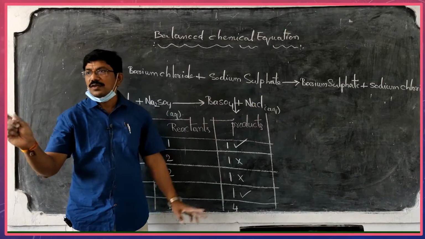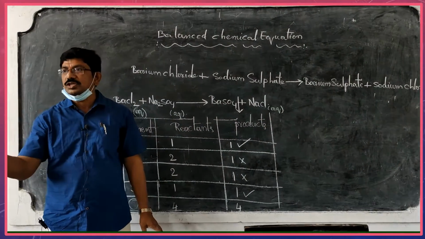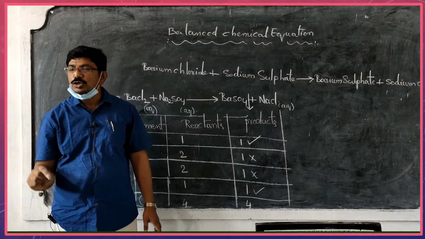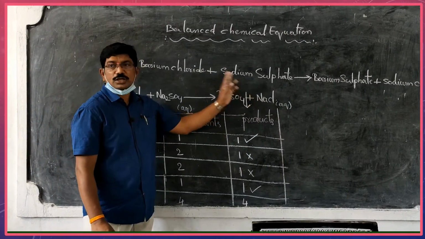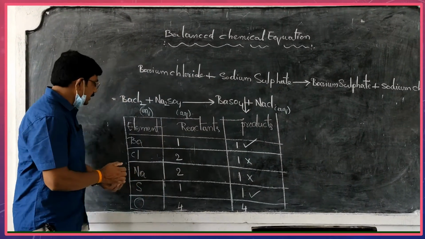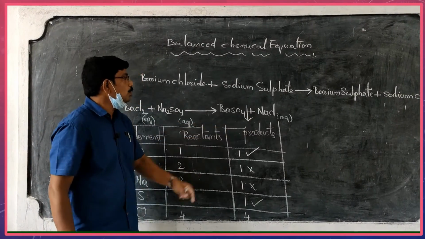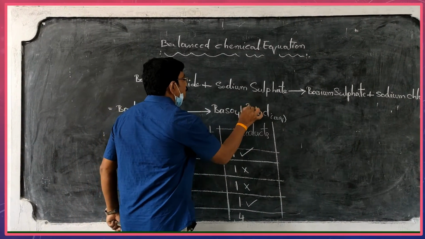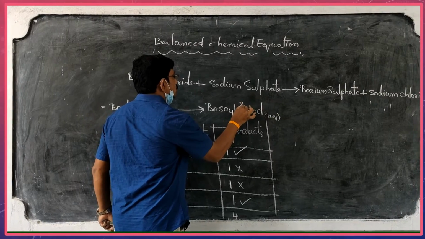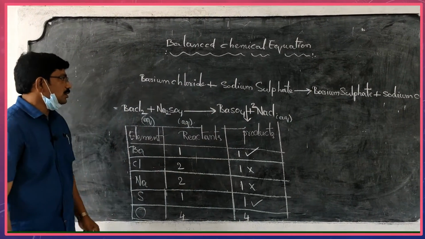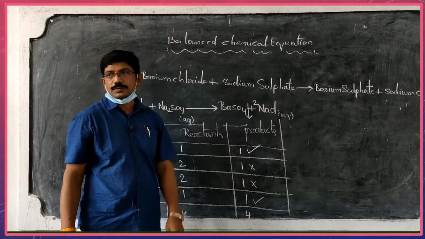Never change the molecular formulas. The simple thing you have to do is change the coefficients. Here sodium is 2, but here 1 sodium is there. So what you have to do, you multiply this with 2. Now observe this one, 2 sodiums and 2 chlorines.